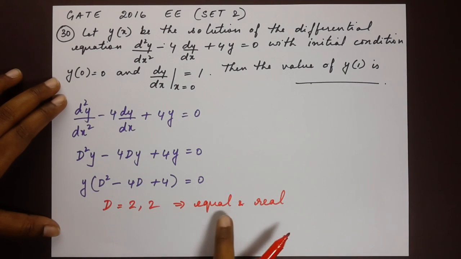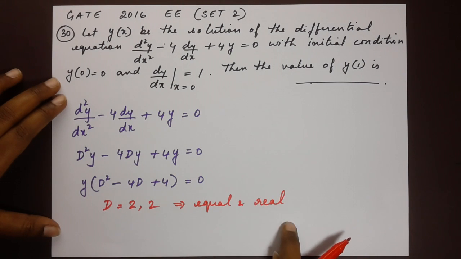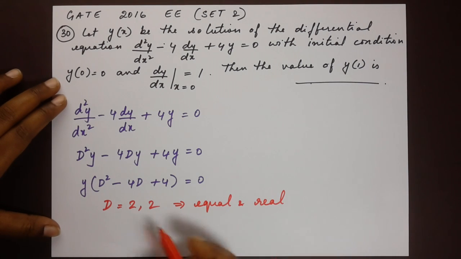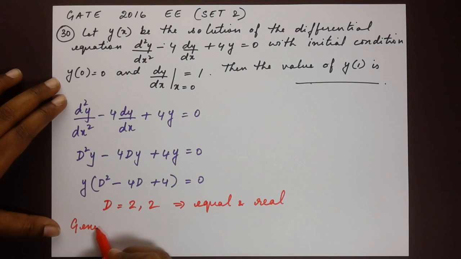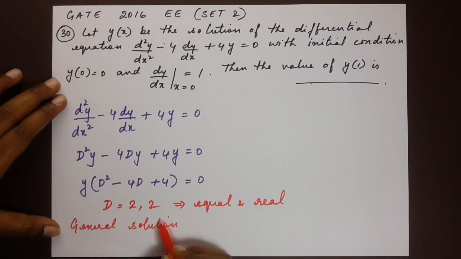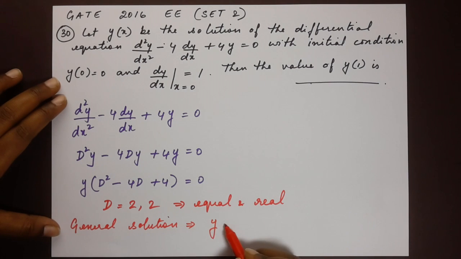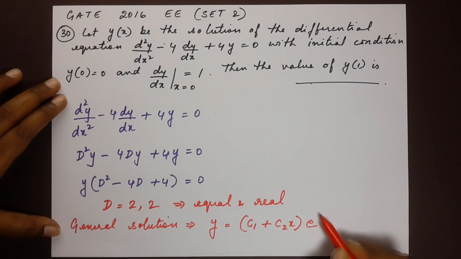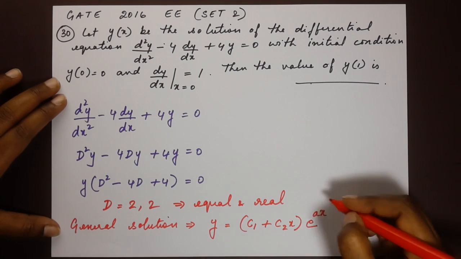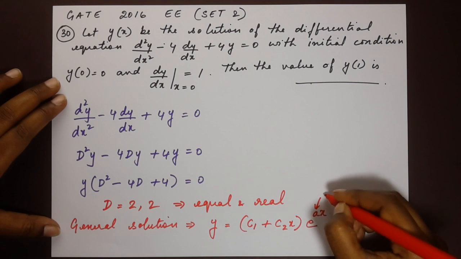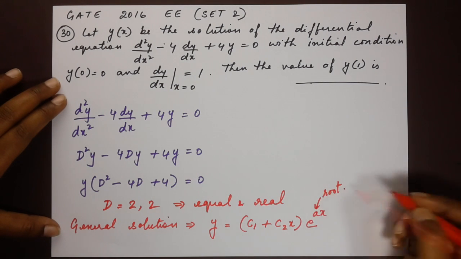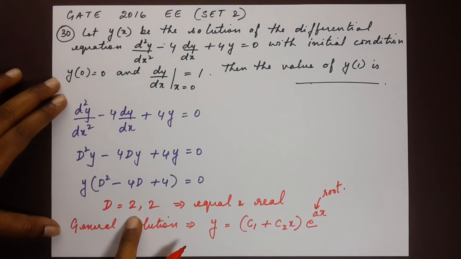Now when the roots are equal and real, we write the general solution as y is equal to c1 plus c2x into e power ax, where a is the root that we have found, 2.